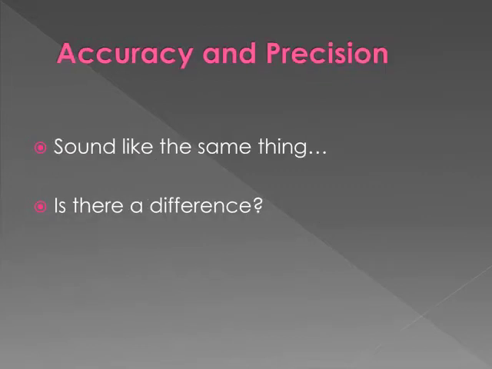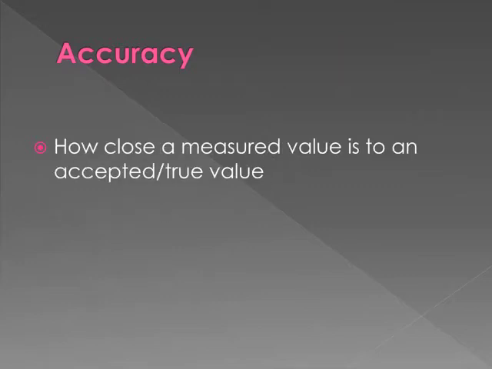So, when we're doing an experiment, we need to factor in accuracy and precision because these things will affect the outcome of our experiment. Alright? The 2 words sometimes are used interchangeably, but that is an incorrect usage of them. So accuracy is related to that whole true value idea.